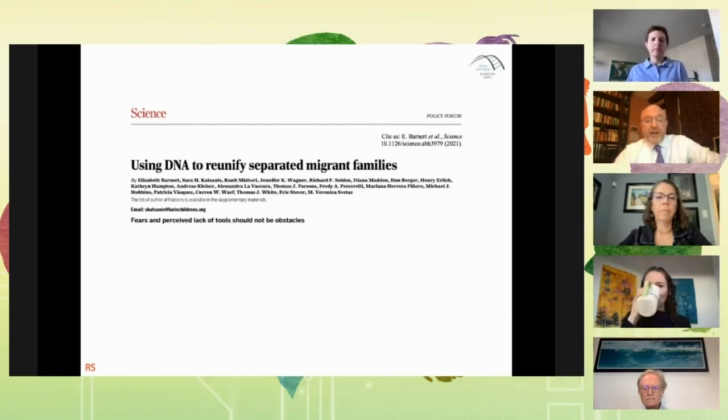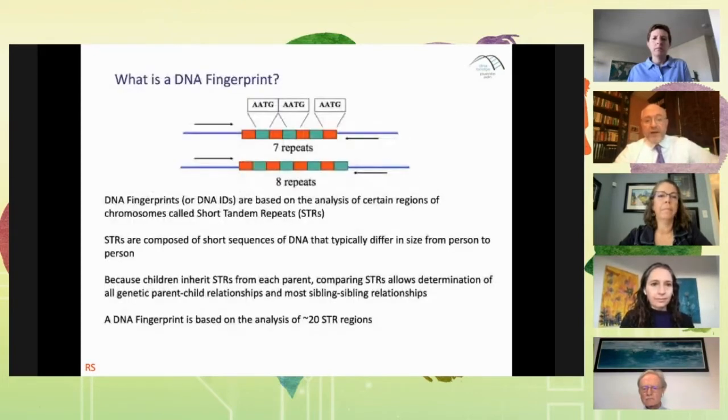The use of DNA to reunify families brings up plenty of questions about DNA technology. It's important to note there are many, many DNA technologies. We want to discuss only one of those, really the foundation for the DNA Bridge proposals, and that's called DNA fingerprinting.